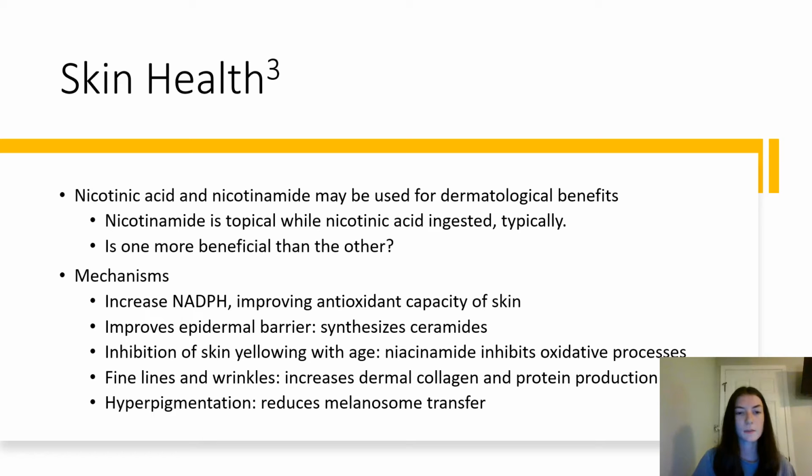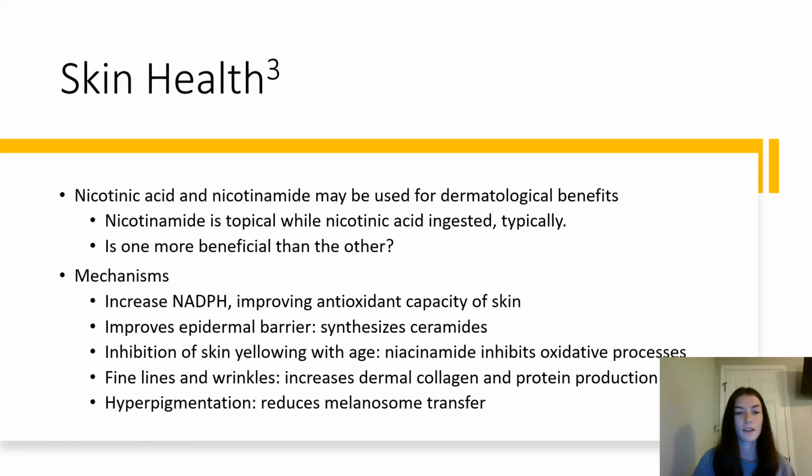As for the mechanisms of niacin, it increases NADPH, improving the antioxidant capacity of the skin. It also improves the epidermal layer by synthesizing ceramides, and the ceramides are a lipid layer that provides protection to your skin.